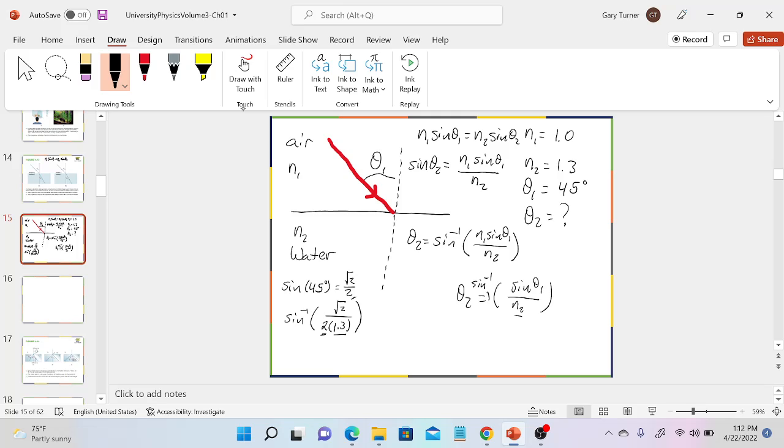Now this should be smaller than 45 degrees, right? That is the expectation. And so if I do this and take the inverse sine, I get 32.95 or approximately 33 degrees.